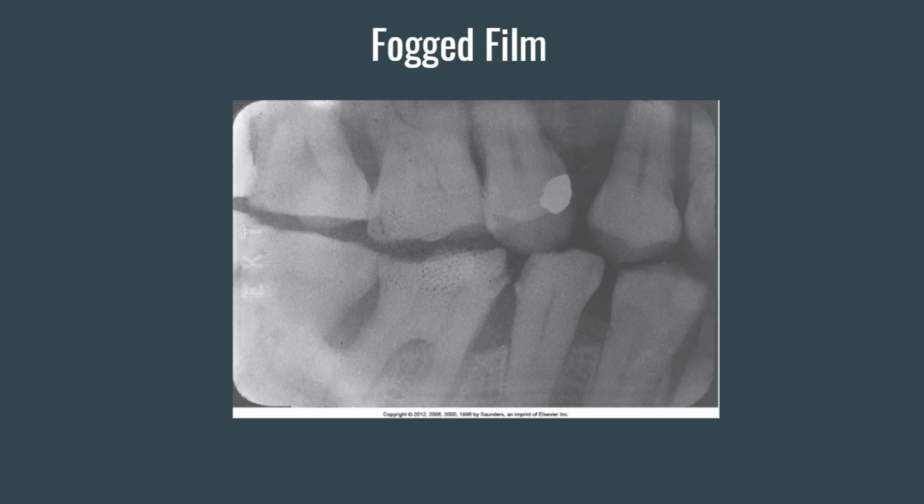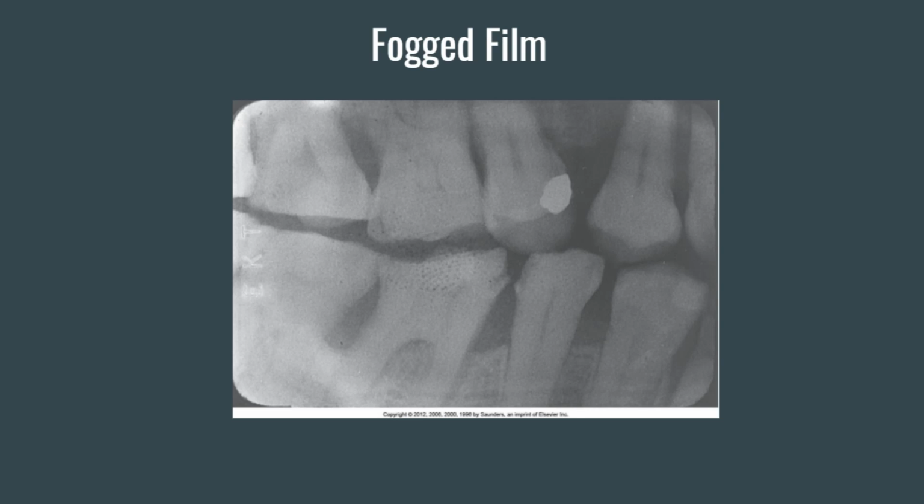If the film is outdated, checking the expiration dates constantly on your box of films. A lot of offices, if they're still using the traditional film, they go through it fast enough that this isn't generally an issue, but outdated film can cause a fogged film. Improper film storage. If it's too humid, if it's too hot in the storage room, fogged film.